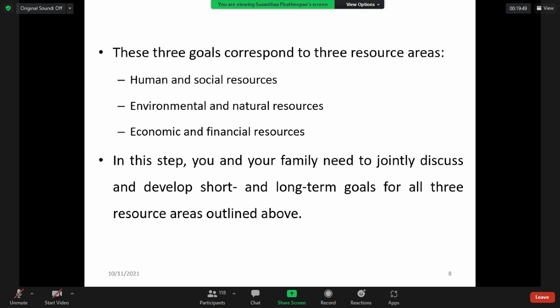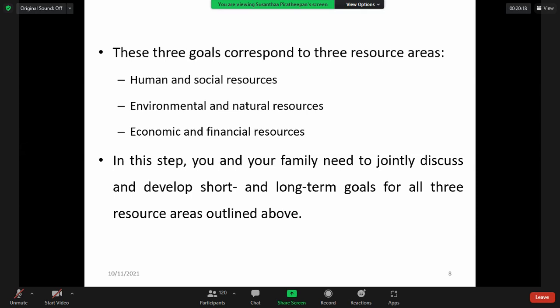Then we make a budget for the farm plan, and we also think about other financial resources like credits or loans from the bank. Those are also under economic and financial resources. And in this step, you and your family need to jointly discuss and develop short and long-term goals.